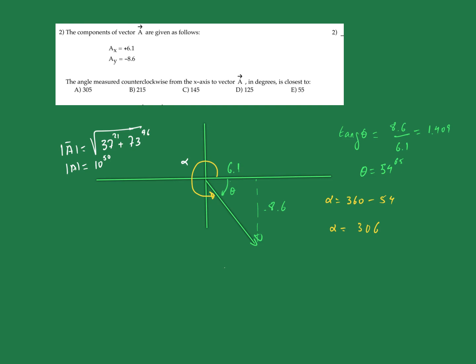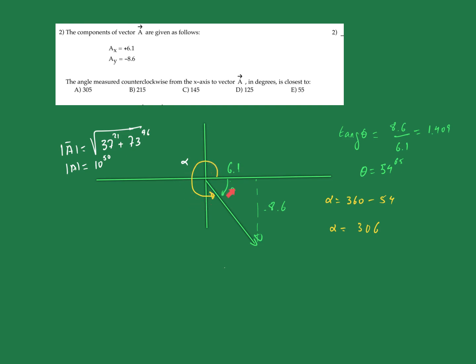And theta is the arctangent of 1.409. You have to be sure that your calculator is in radians or in degrees, and it will give you 54 degrees. So this angle is 54 degrees. And what angle is this one?